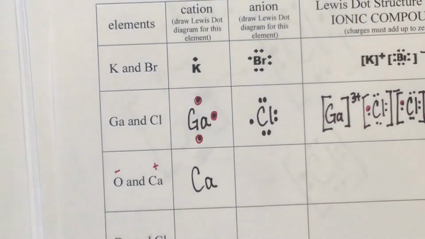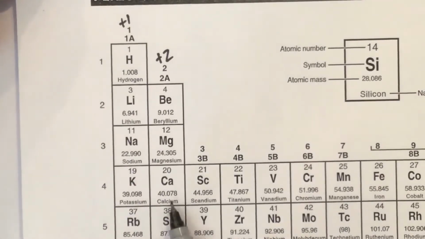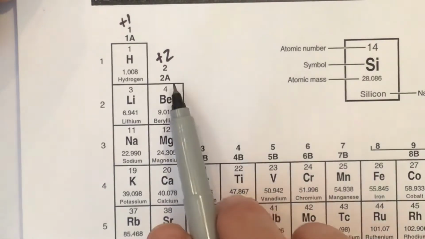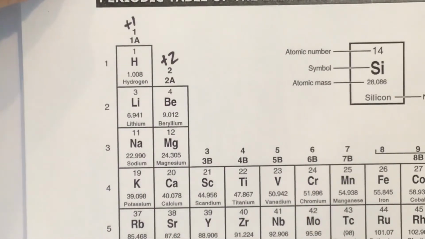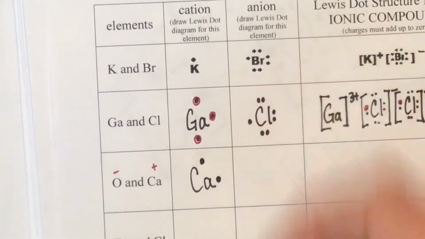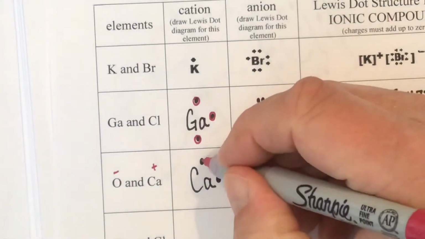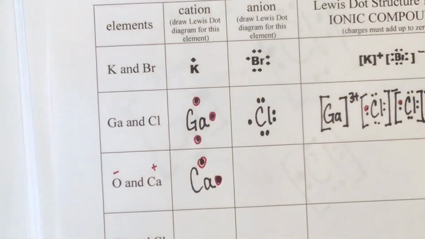Now, how many valence electrons does calcium have? Let's find calcium on the periodic table. Why, there's calcium right there. Calcium is in group 2. So guess how many valence electrons it has? That's right, 2. So 1, 2. I knew you could do it. All right, and we're going to color them because we know those are coming from the metal.